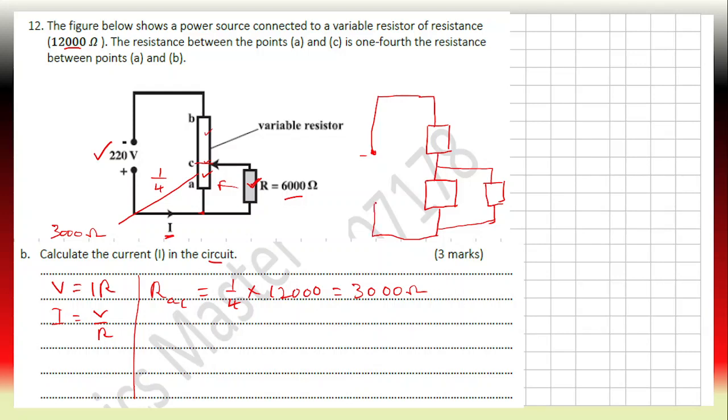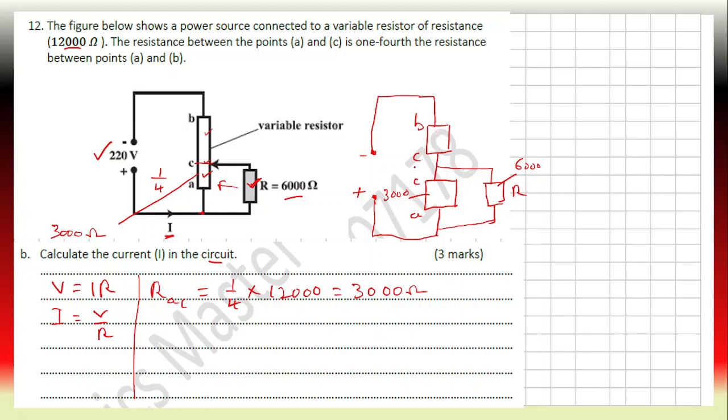I'm sorry, the drawing is not that beautiful, but you can make one. So this one is A to C, then this one is from C to B. We have realized that this one is 3,000 and this is 6,000. So you combine the two first, and then add them to this one.